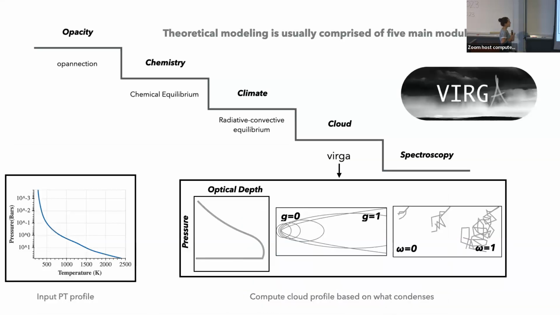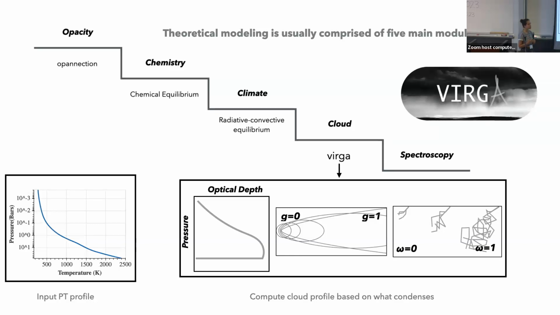Once you have a climate profile, you can use that as input to create a cloud profile. In a perfect world, all of these things would be iterative, right? Your climate depends on what chemistry is in your atmosphere, and your cloud profiles depend on what your pressure temperature profile is. For the simple exercise, we're going to do this all in sequence order.